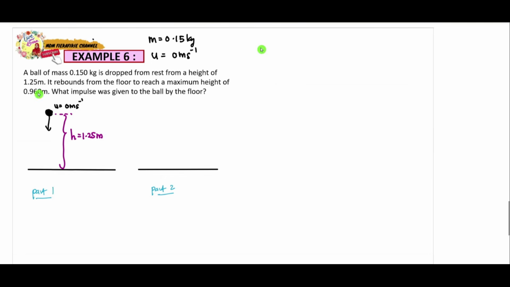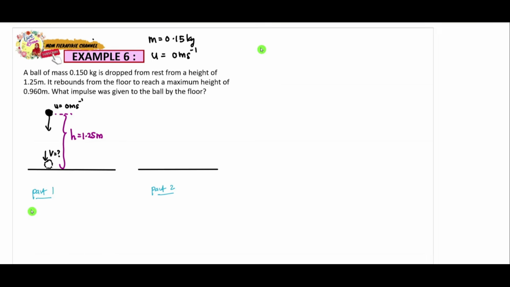And then what happened to the ball? It will reach the floor. Kita tak tahu dekat sini berapa dia punya final velocity just before the ball hit the floor. So we can calculate V by using equation from chapter 2, free fall motion.